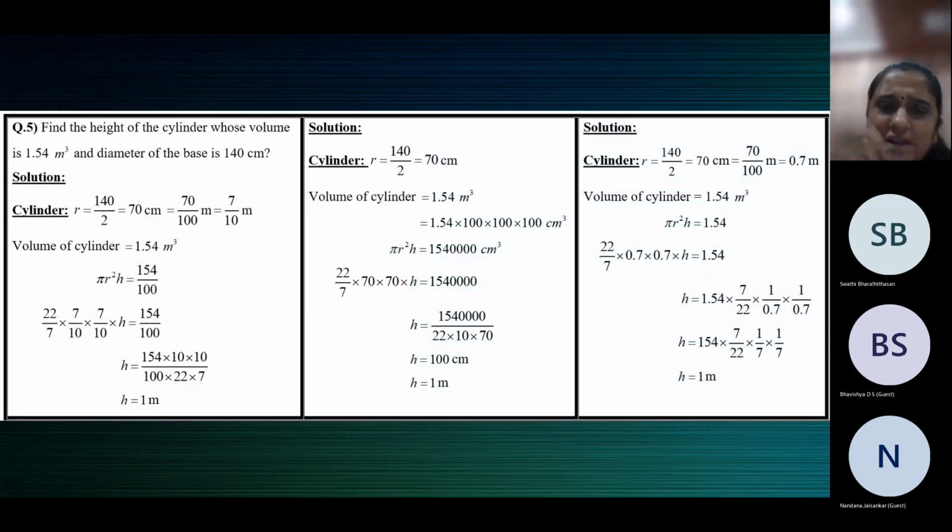These are not 3 different methods. It's the same method. Just that we are substituting the values in centimeter or meter, or sometimes we will not shift the decimal point. We'll use it as it is. So in all these cases, how do you simplify? That's what I've shown here. It is only one method.